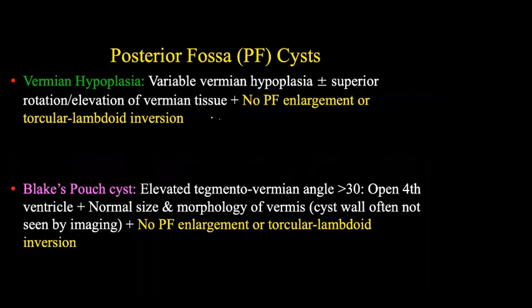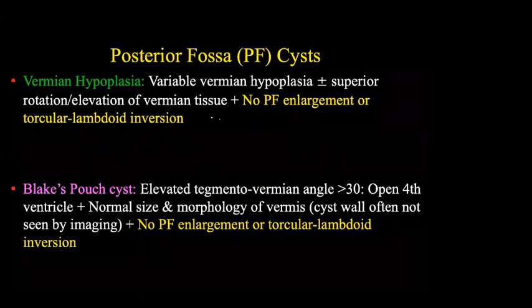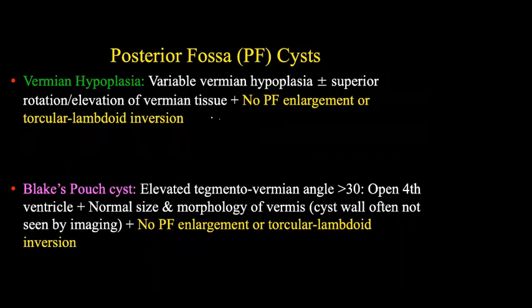However, you don't see clearly the wall of the cyst unless you do some of these heavily weighted T2 sequences, such as CISS on Siemens, or the SPACE, or when you give contrast, you can see the choroid plexus along the surface of the fourth ventricle, but there is no posterior fossa enlargement or torcular lambdoid inversion.